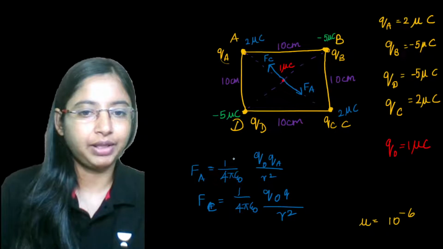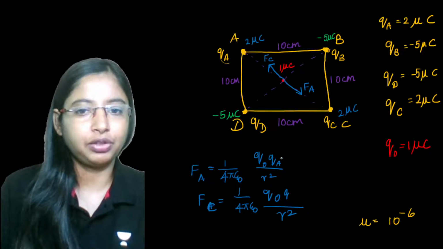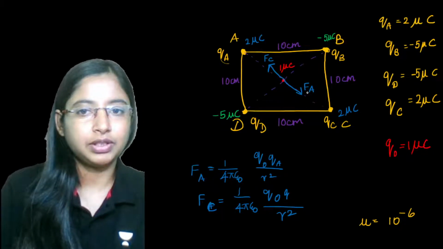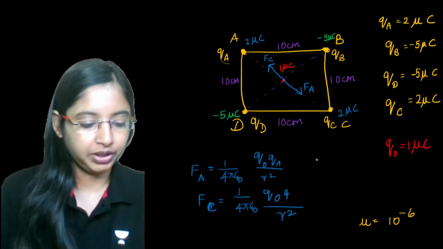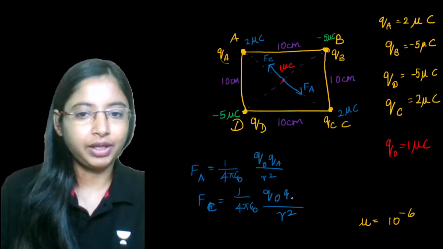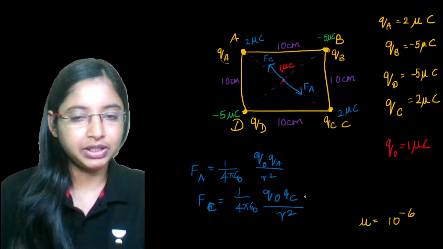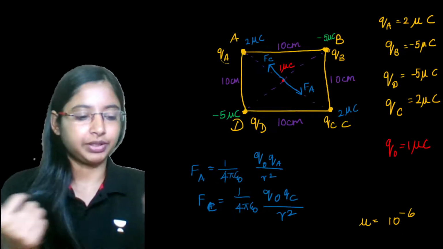If I substitute the value of 1 by 4 pi epsilon naught, Q naught is given, QA we know. If we calculate this distance over here, that distance is equal to this distance because this charge is kept at the midpoint. So R square, everywhere in this equation, the magnitude will remain the same, but the direction is opposite.